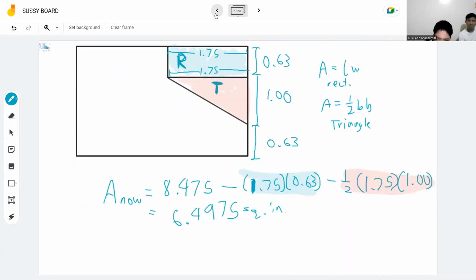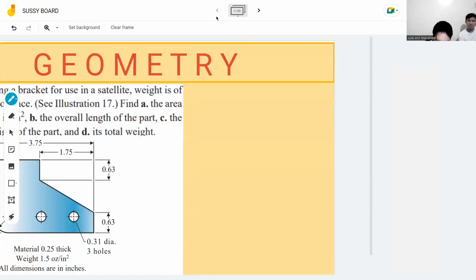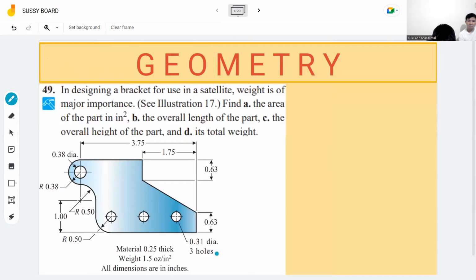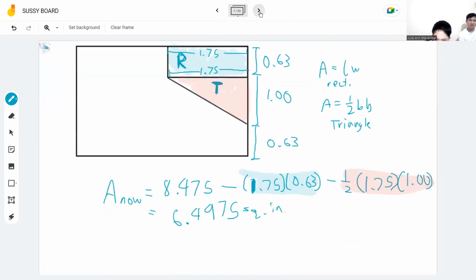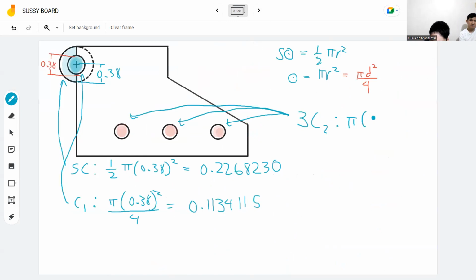What are their dimensions? 0.31 inches diameter. So pi times 0.31 inches squared over 4 is equal to 0.2264303. So now with circle 2 only, the three of them combined.